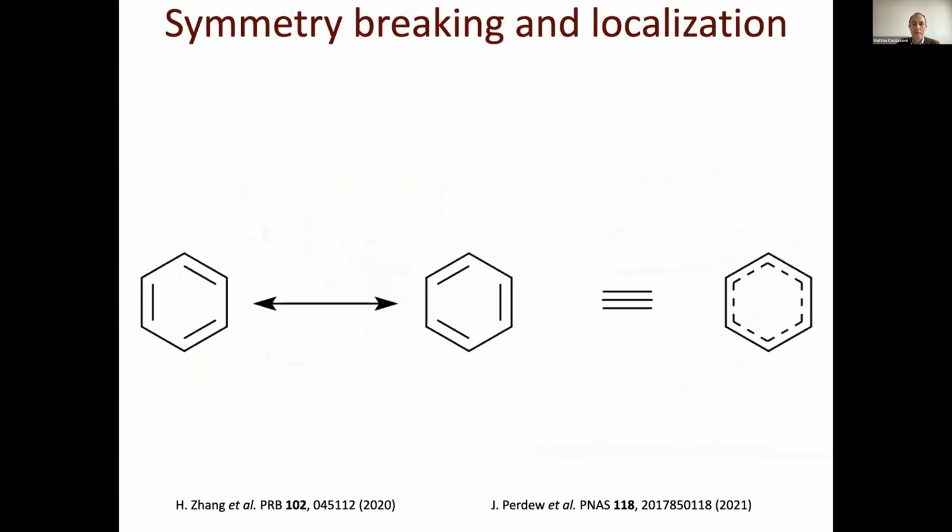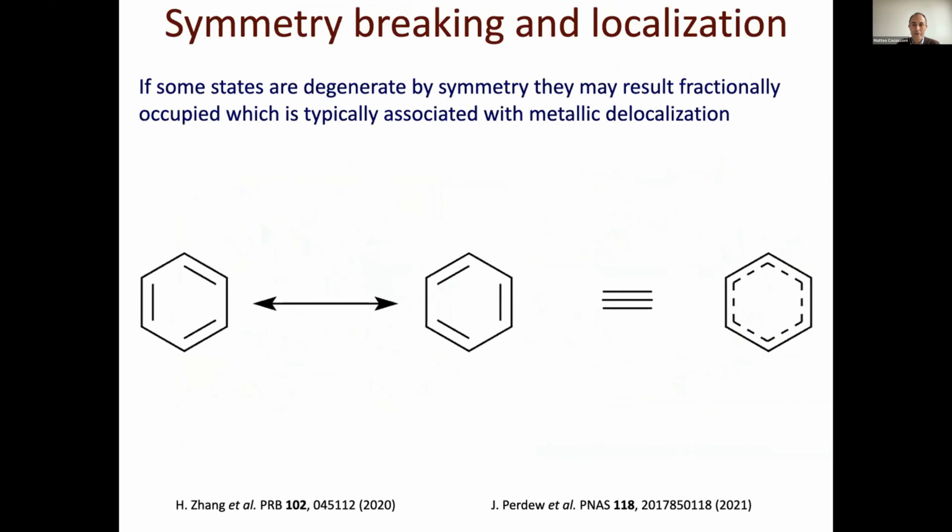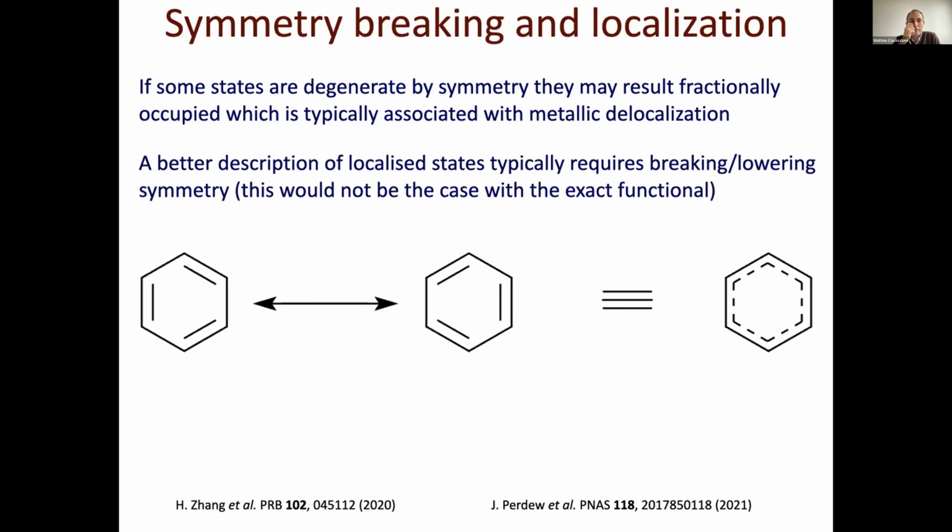Now, in a way, this is not dissimilar to what we have in chemistry in the representation of the benzene molecule, right? When you understand the benzene ground state as a resonance between these two, well, there could be more Kekule structures. In a sense, if some states are degenerate by symmetry, they may result fractionally occupied, and that's typically associated with metallic delocalization.